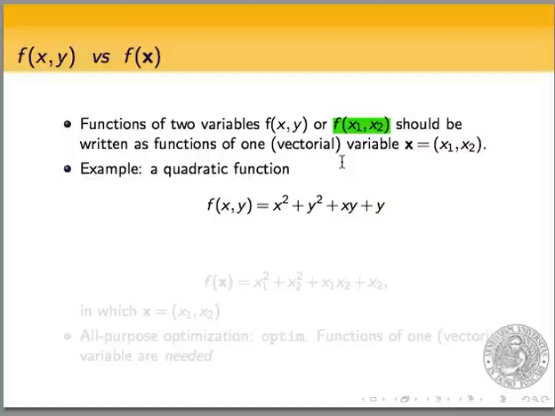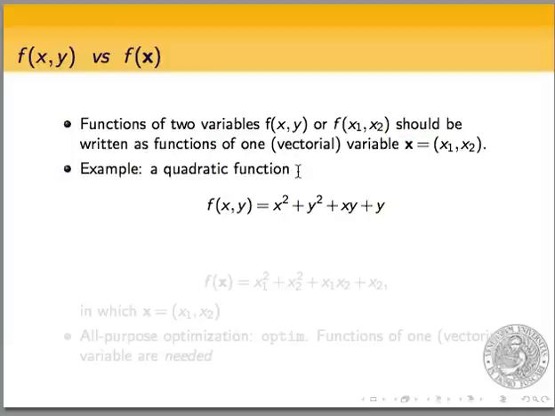Notice that formally the function here is a function of two variables, but in R we have to rewrite the definition of the function, formally thinking that the function is a function of a unique vectorial variable that I was writing here as boldface x, which is indeed a vector. So you can think that the same function is a function of one vector which has two components. And an example is going to clarify what I mean.